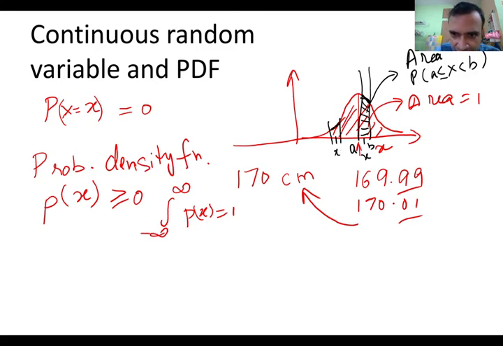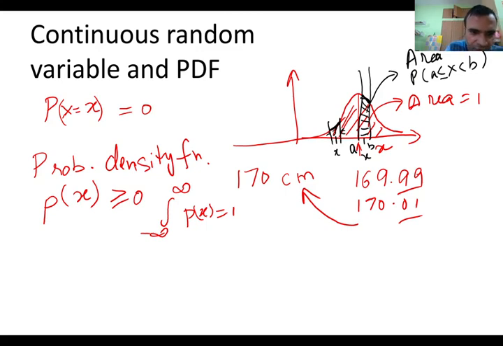So this area is smaller than this area, provided the delta x gap is the same. You have to divide by delta x and take the limit of delta x tending to 0, so it becomes a density function. So for continuous random variables, we don't define the PMF, probability mass function. We define the probability density function.